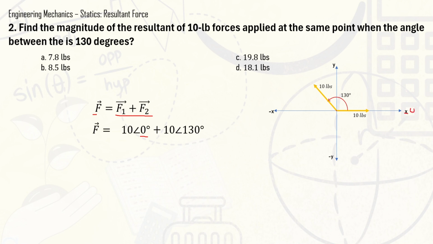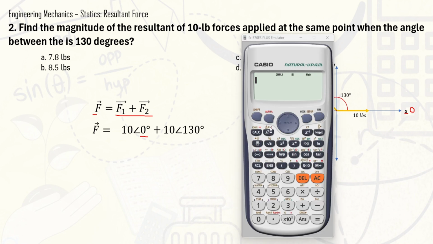And alam natin na ang angle dyan is 0. Plugging it in sa calculator natin, we have 10 angle 0, or we can simply rewrite that as 10 plus 10 angle 130 equals.